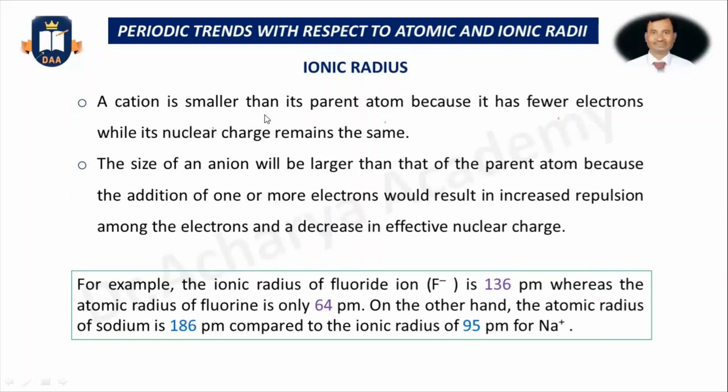A cation is smaller than its parent atom because it has fewer electrons while its nuclear charge remains the same. That means from the atom, if you remove the electron, then only a cation will be formed. So the nuclear charge will remain the same in cations, like the atoms, but the number of electrons is reduced.